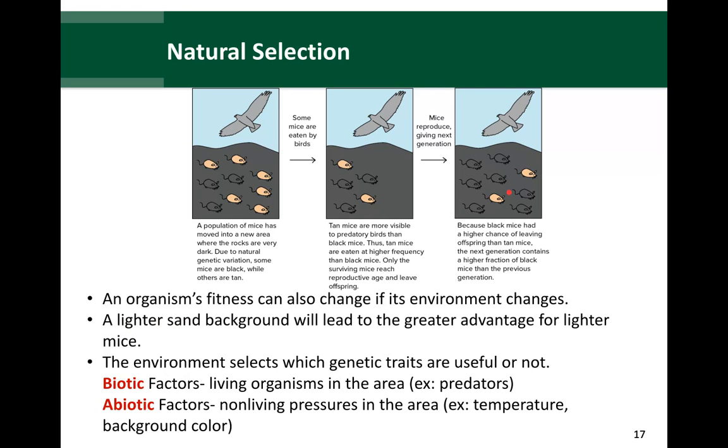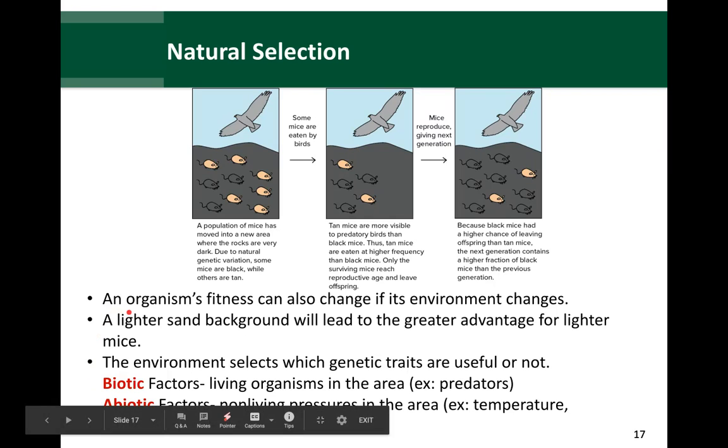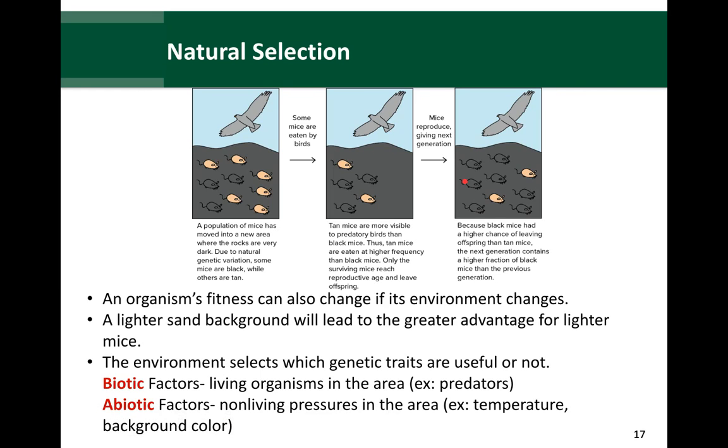It's possible that an organism's fitness can change if its environment changes. So, for example, maybe this is a darker environment because there could have been a volcanic eruption and there was ash here. If there was a lighter sand background in a nearby area, that would lead to the greater advantage for lighter mice.